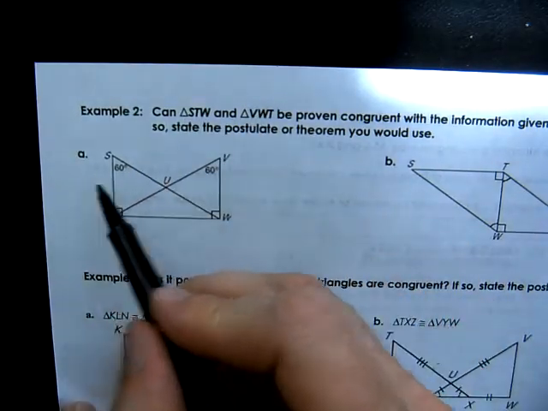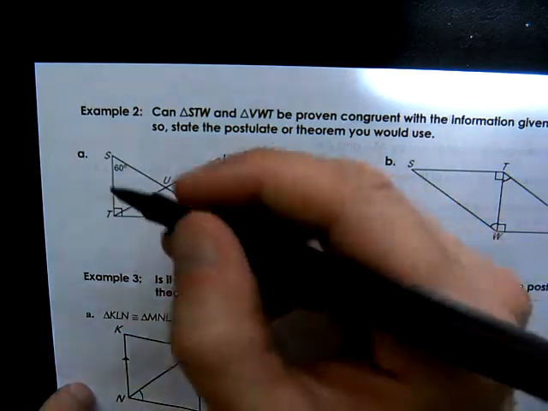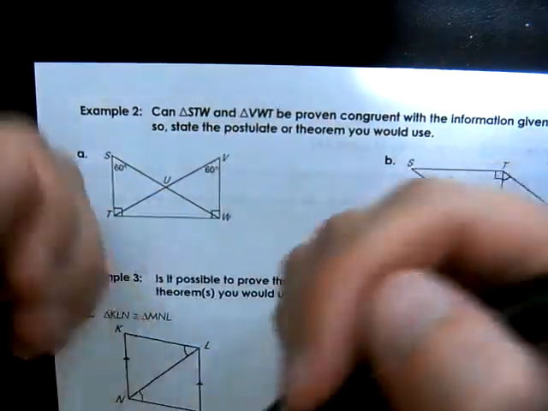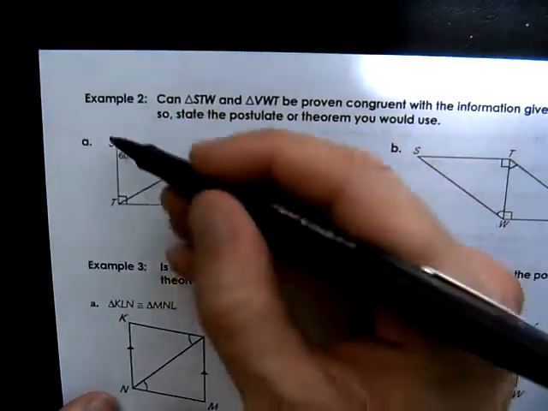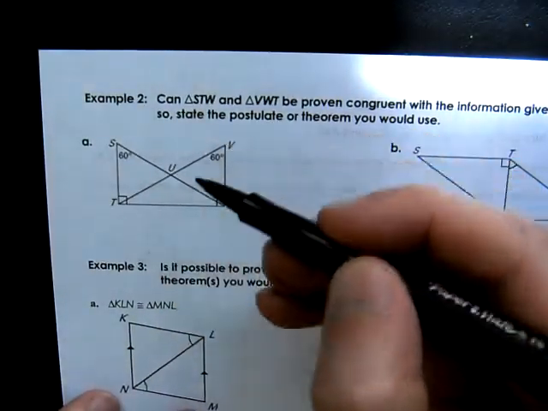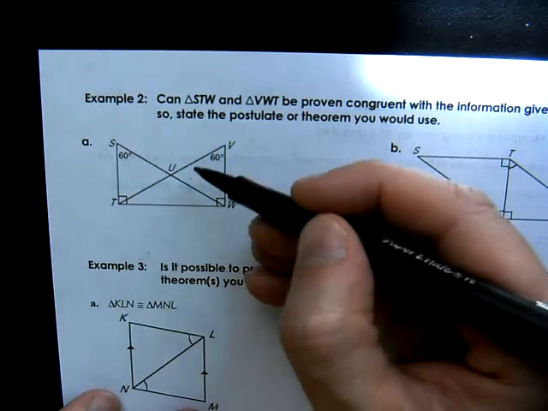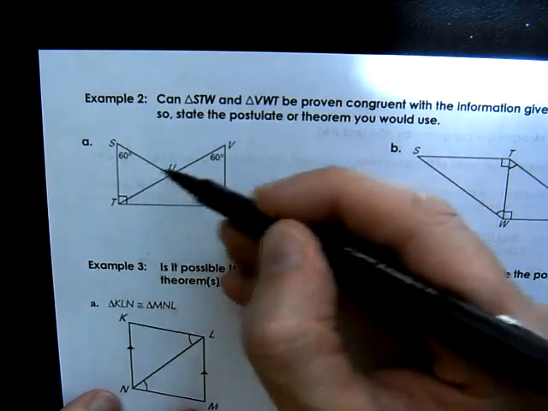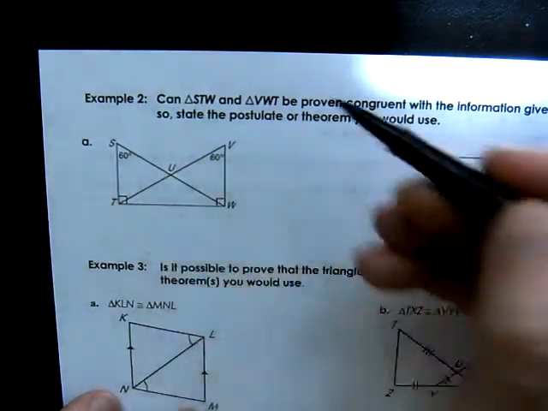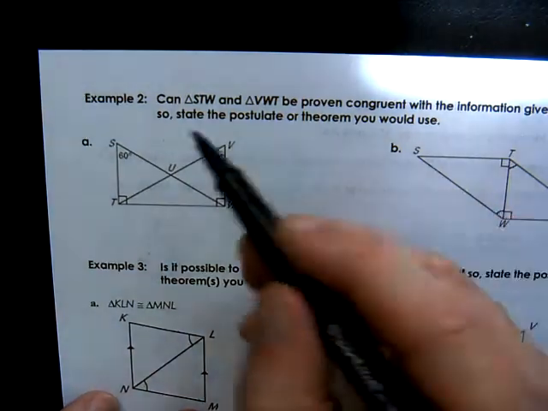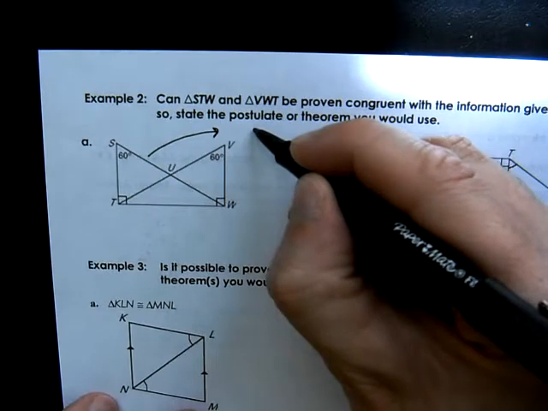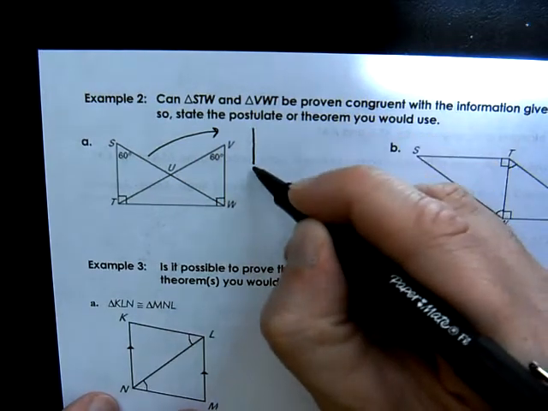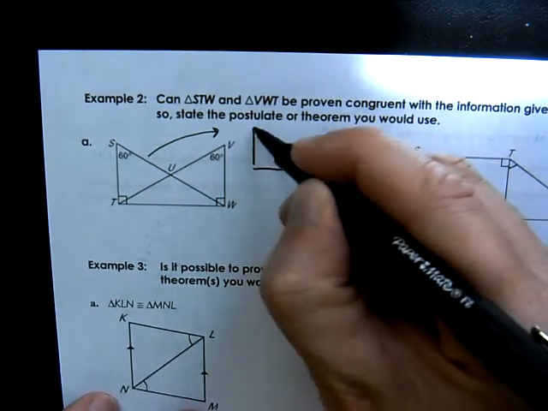And it can be really helpful to actually take these two triangles and separate them, pull them apart, and redraw them. Because with them overlapped, it's going to be really difficult to see with all these extra angles and points kind of in the way. So I'm going to take this triangle, triangle STW, and just draw a little version of that over here.